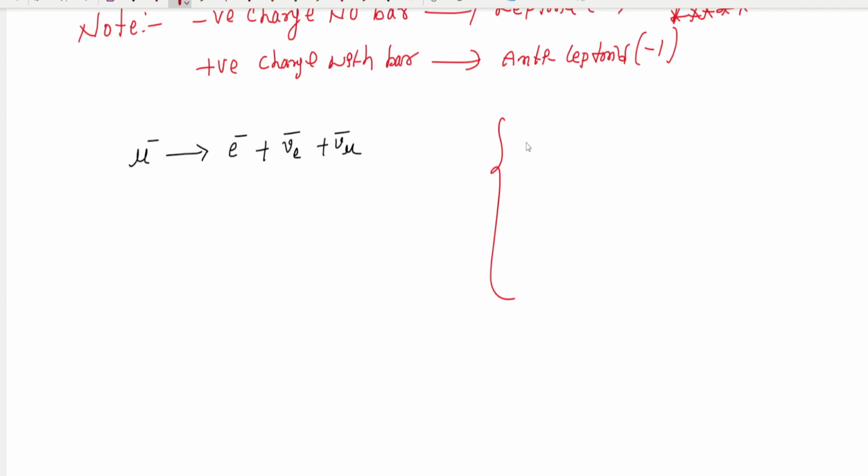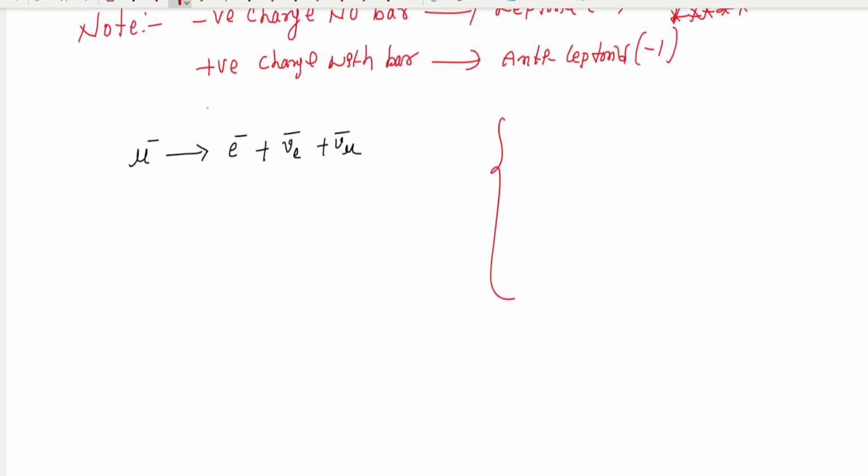What I observed here is that first we need to check the conservation of lepton number. Everybody just puts their values here after seeing the classification. That is not the right way to check the conservation of lepton number.